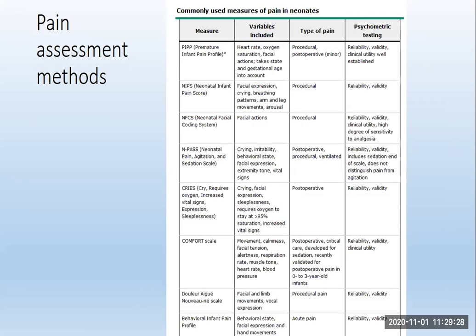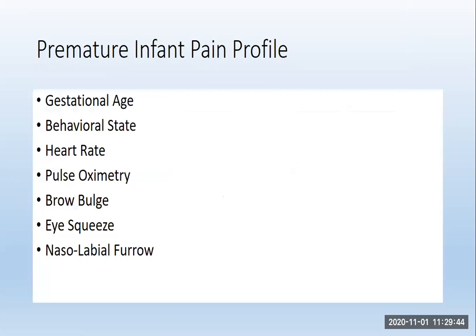But predominantly you can see PIPP score usually includes most of the components, and that's why we prefer it to judge the pain. PIPP score is commonly used in our NICU. So what is PIPP? Premature infant pain profile. Remember, though the name tells about premature because it was initially created for premature newborns, it is now also validated for term newborns.